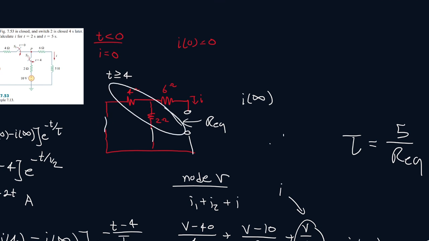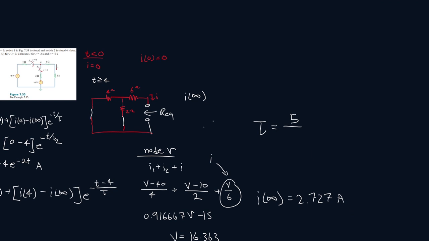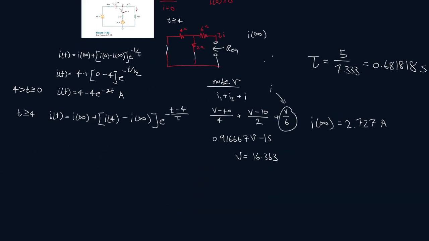So (1 over 4 plus 1 over 2) to the power of minus 1. So that's 1.333 plus 6. So 7.333. So that's the equivalent resistance. And this gives me 0.681818 seconds. And now we have enough information.